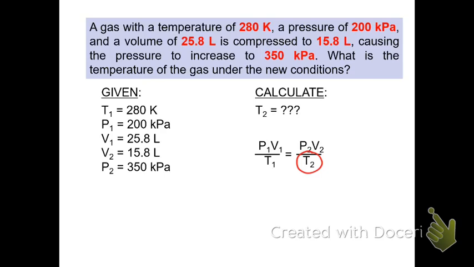So what we can do here is cross multiply, and we get P1 times V1 times T2 equals P2 V2 times T1. That's the result of cross multiplication. And now we want to isolate T2 by itself, so we can divide both sides by P1 V1.